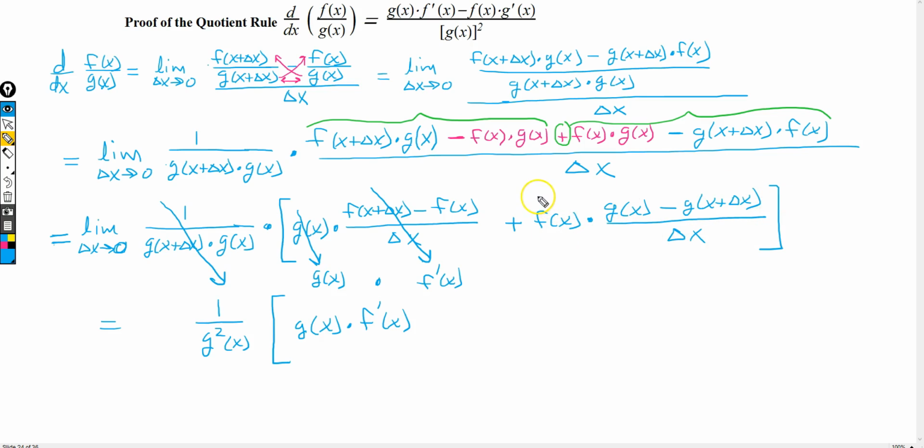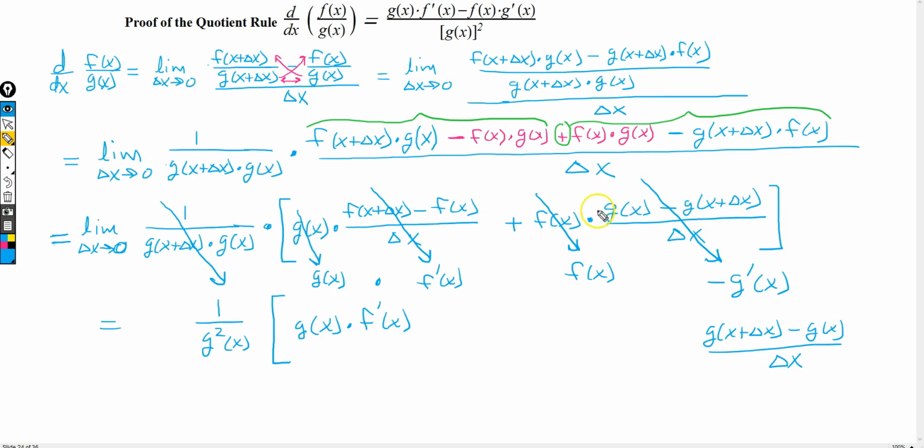And over here, this term is approaching f of x. Now this term right here, you notice that we have the g of x and the g of x plus delta x flipped. So this is going to be approaching negative g prime of x. You see, because g prime should normally be written as a limit, g of x plus delta x minus g of x over delta x.